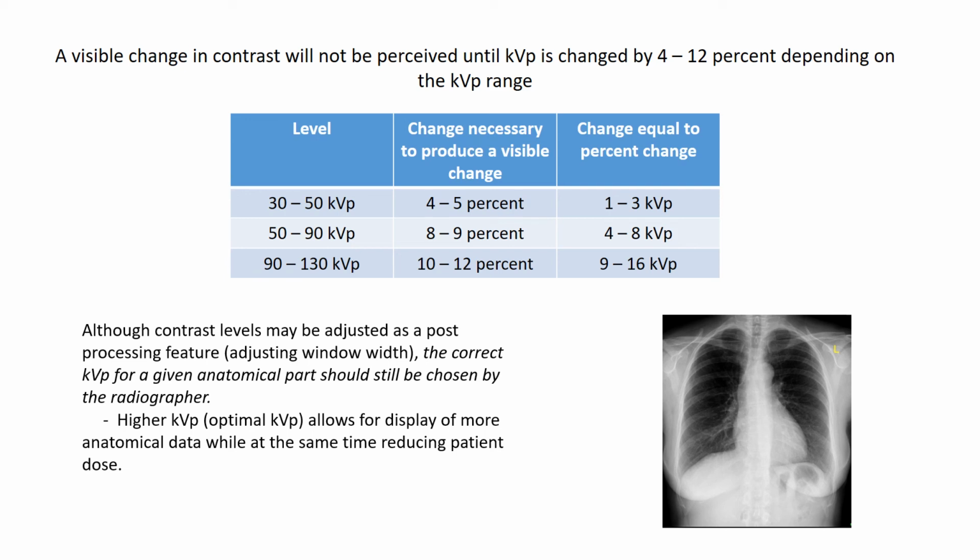Higher kVp, which is, remember, the optimal kVp, allows for a display of more anatomical data while at the same time reducing patient dose. Remember, when we can up the kilovoltage, I can use less mAs, right? So more photons are getting through the patient, less absorption, better patient protection. And at the same time, you're getting more anatomical data.